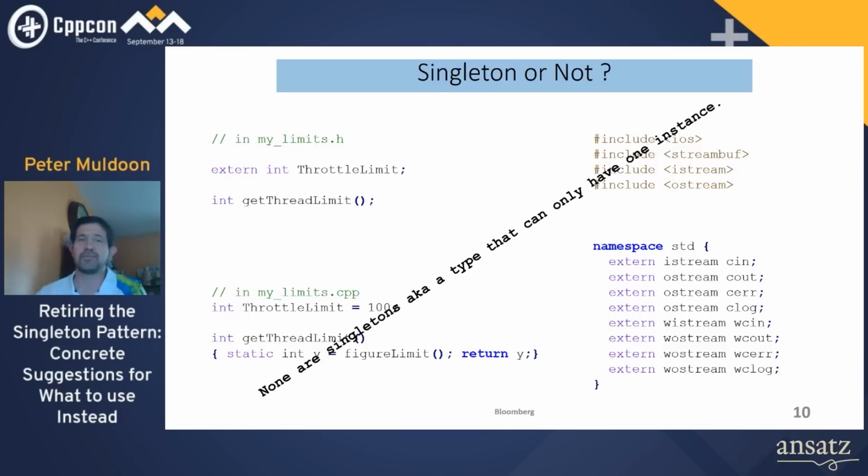So if I have a class that I'm dropping the get thread limit into, I could essentially mock that out by just saying, hey, we're taking the int from someplace else and dropping it in. So I'm free to roll my own and use them. I do not have to use the int that comes back from the thread limit. So there are multiple ints running around. Anything that takes an ostream, I can create my own streams. They're mockable. You can create more of them. A singleton has only that one instance that you can get from the instance method.